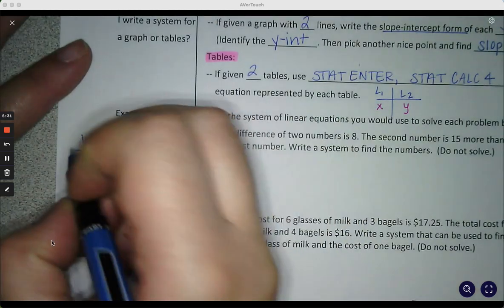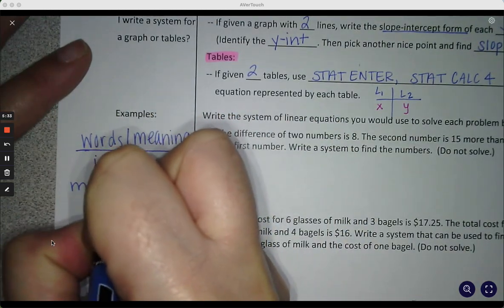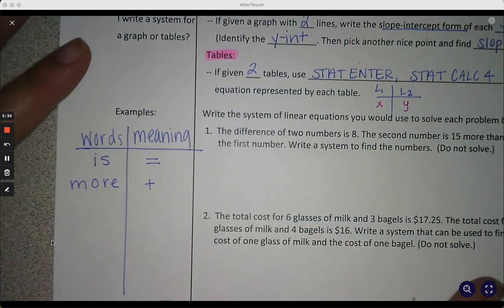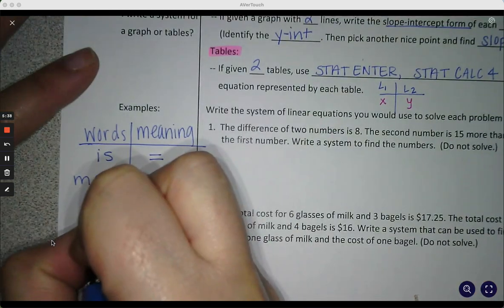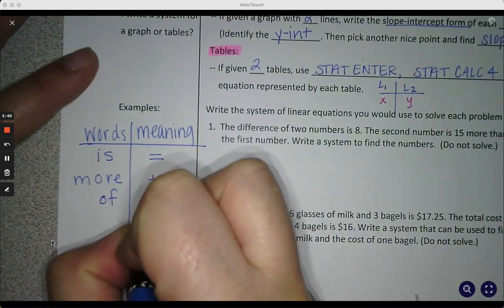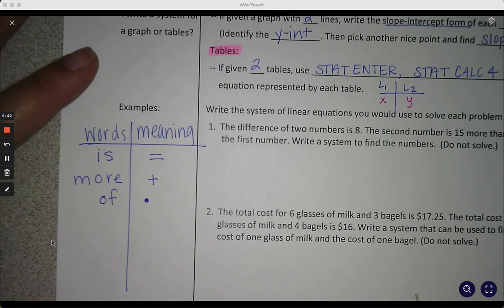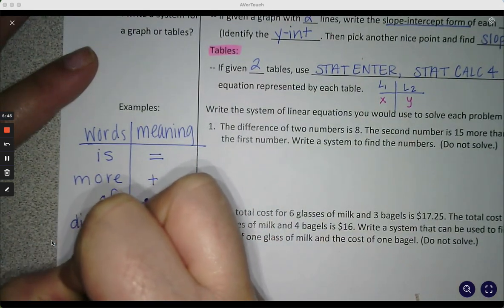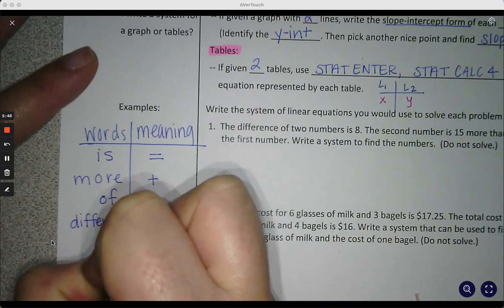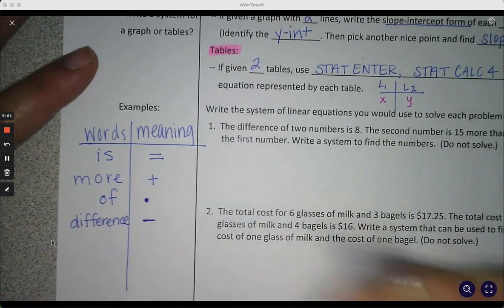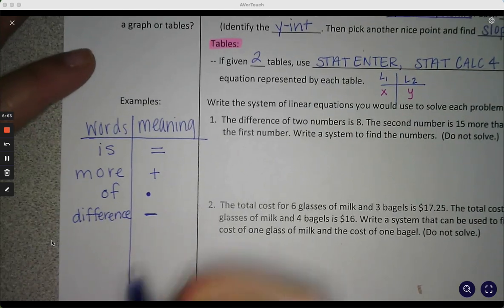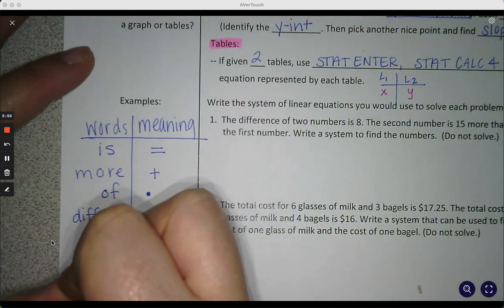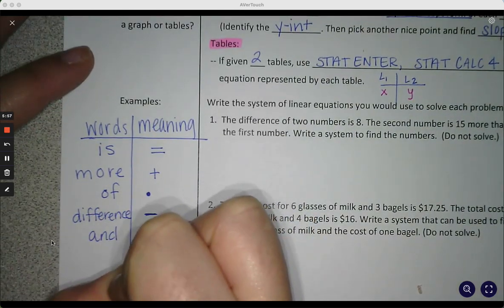Okay, more means add. Of means multiply. Difference means we subtract. Okay, and we add.